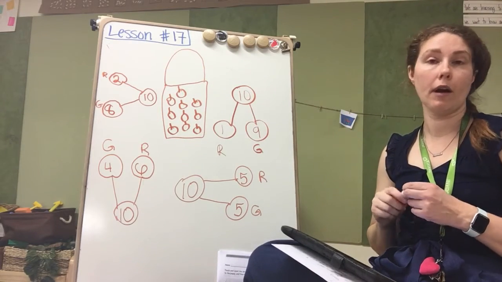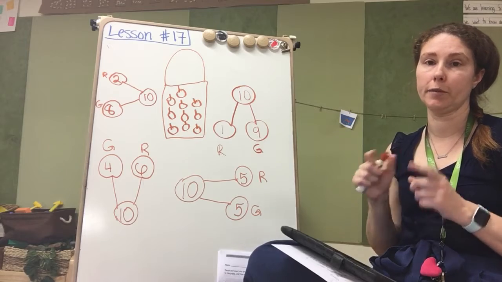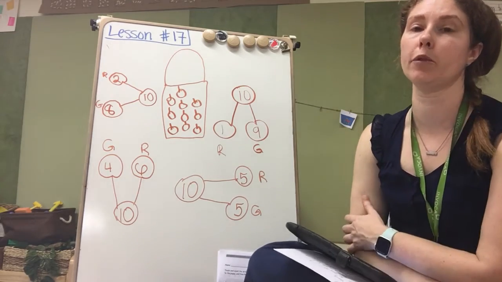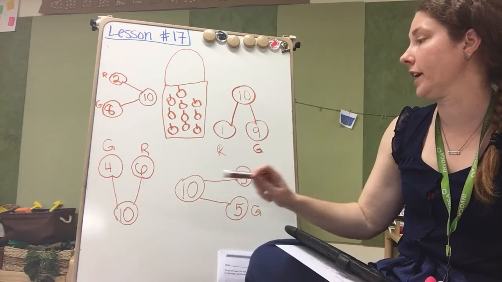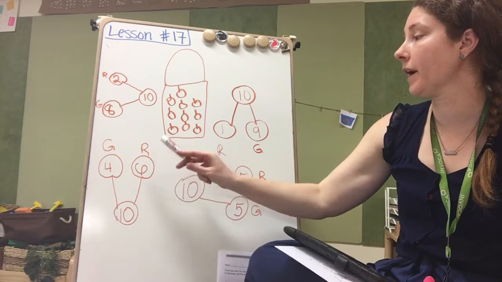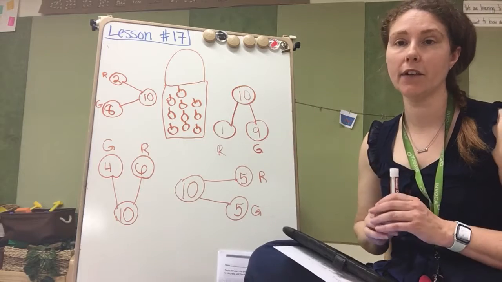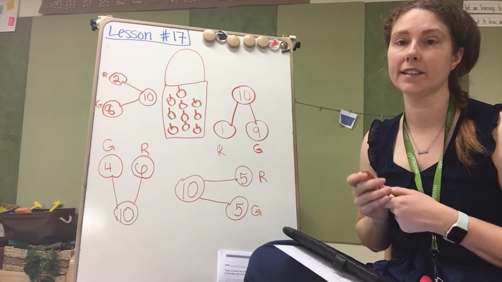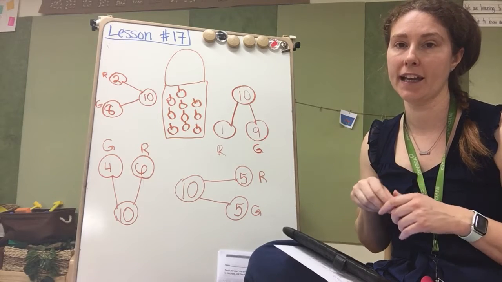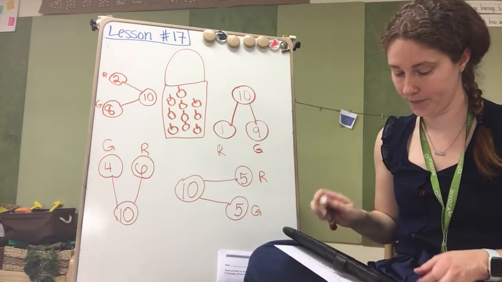Now, there are other possibilities you could do. You could be switching up the numbers. You could be switching up which ones. Maybe you want to do 9 red and 1 green, or 4 red and 6 green. There's lots of opportunities to play around with this and figure out all the different ways that Sammy's mom could have bought 10 apples at the grocery store.